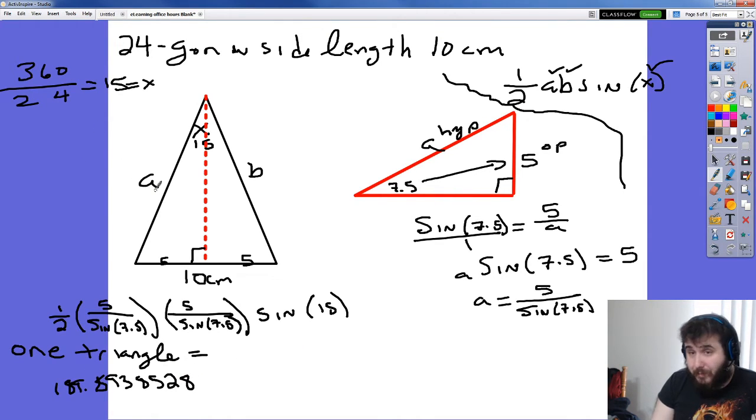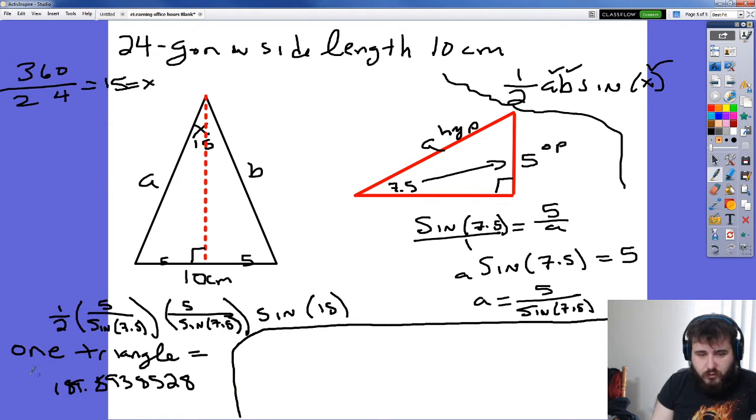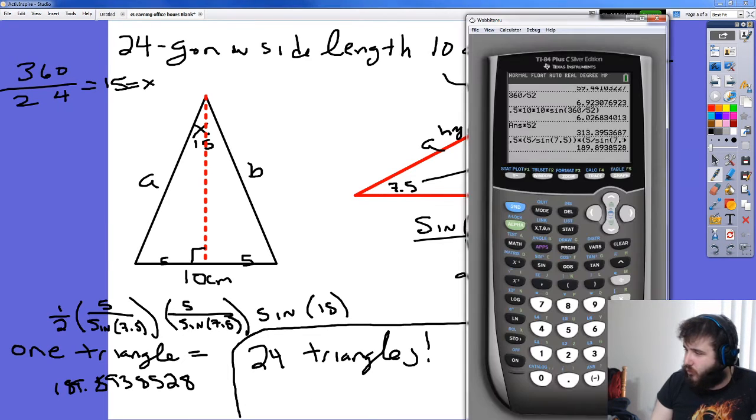That's one of them. How many triangles do we have, though? We've got 24 triangles, right? So when we find out what our final answer is, we just take that and, I don't know why I put a dash there, 24 triangles is what we actually want. One triangle is that. For 24 triangles, we're just going to multiply by 24.